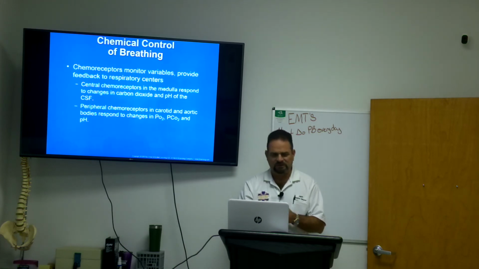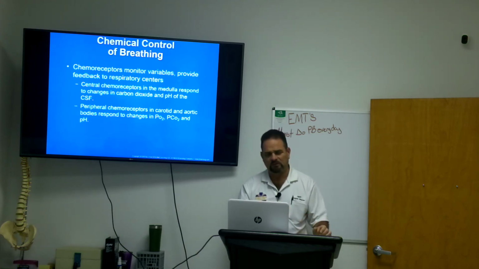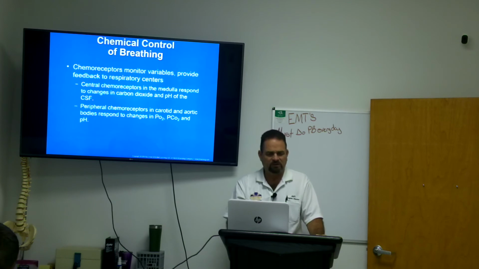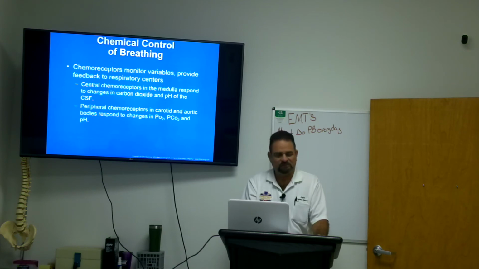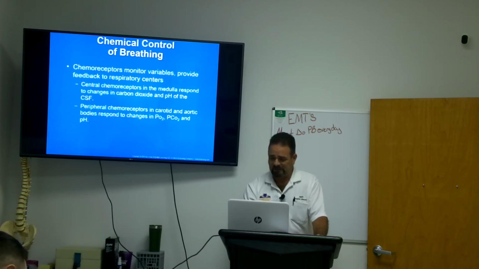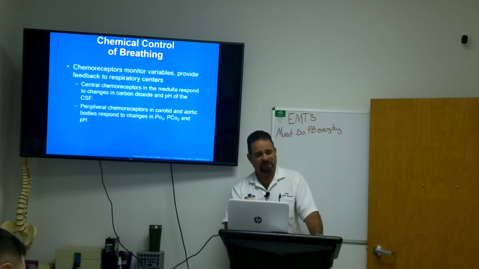Alright, so also in the chemical control of breathing, we have the chemical side of it. The goal of the respiratory system is to keep blood concentrations of oxygen and carbon dioxide and its acid-base balances within very narrow margins. Chemoreceptors monitor variables and provide feedback to our respiratory system.